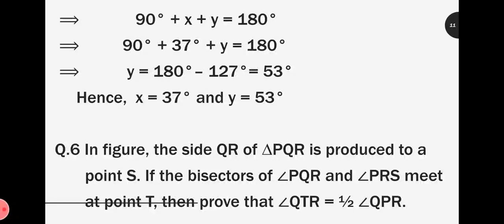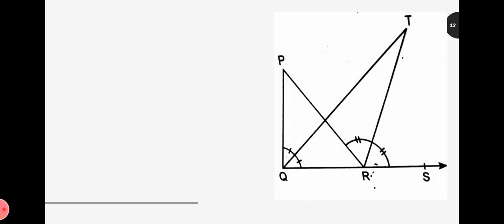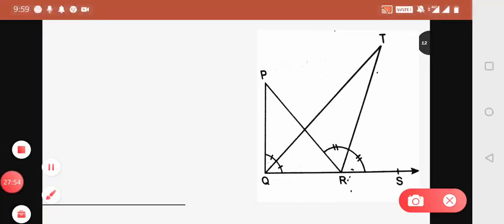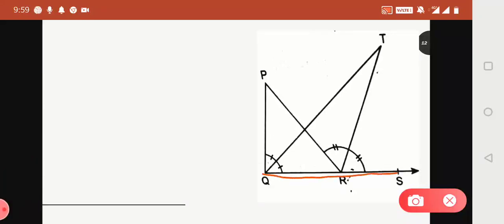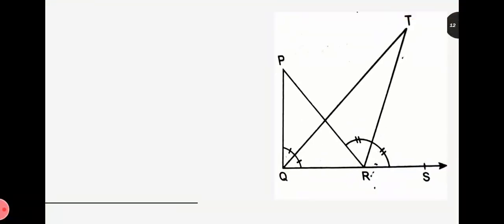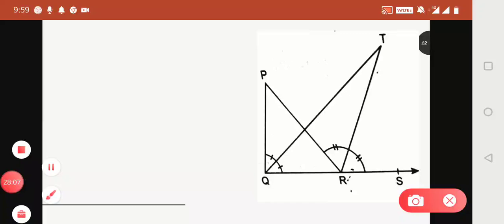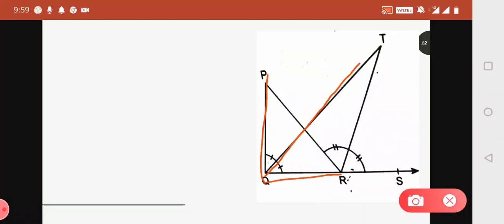A very important question for the part of proving. In proofs, such questions are very interesting and important also. Let's see the figure according to the question. It is given that one of the sides, QR, is produced to point S. Further, it is also given that this is the bisector of angle PQR.